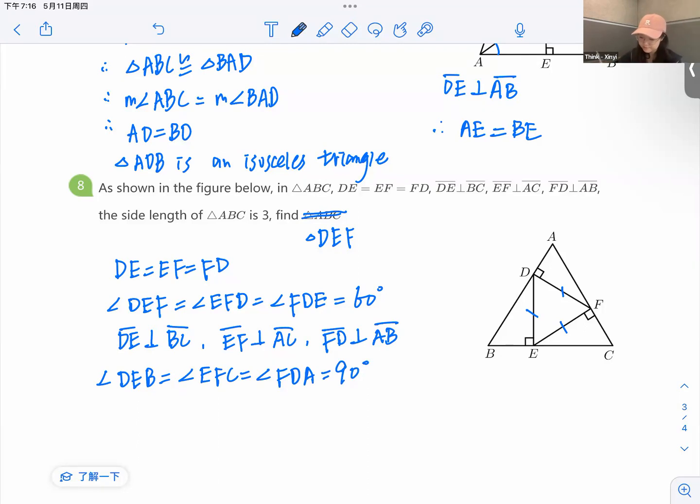And therefore, we can have the angle CEF equals to angle BDE equals to angle AFD equals to 30 degrees.